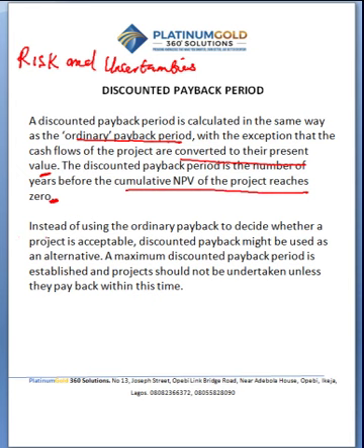What we do here is that instead of using the ordinary payback period to decide if a project is acceptable, discounted payback period might also be used as an alternative. A maximum discounted payback period is usually established just as we have done under the ordinary payback period, and it is expected that the project should not be undertaken if it could not pay back within the limited time set by the company.